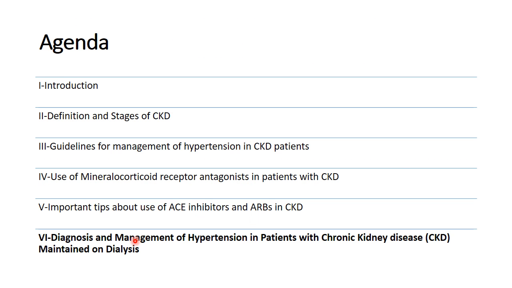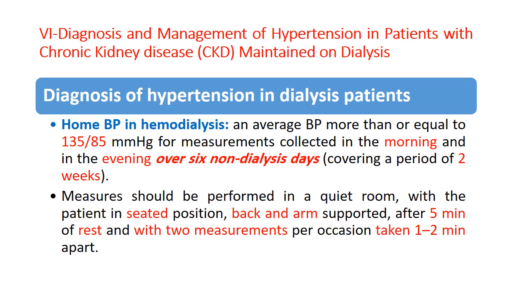The last part of our lecture is about the diagnosis and the management of hypertension in patients with chronic kidney disease who are maintained on dialysis. Diagnosis of hypertension in dialysis patients is done by home blood pressure monitoring.